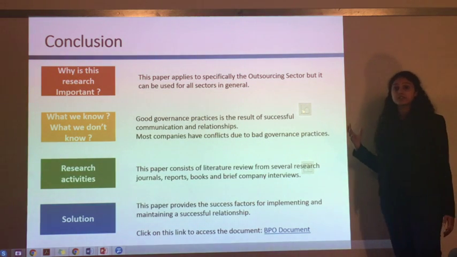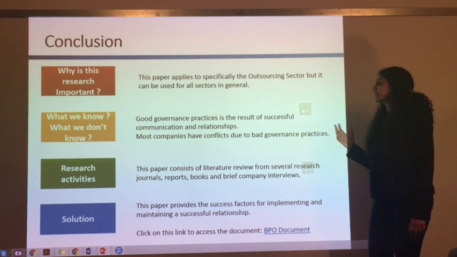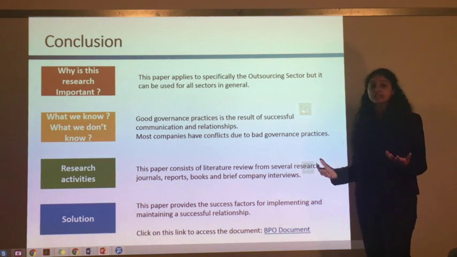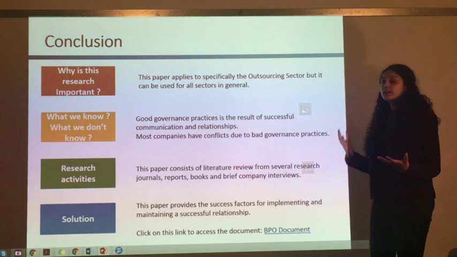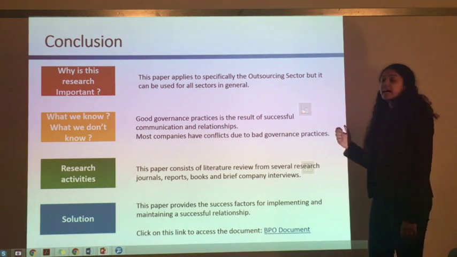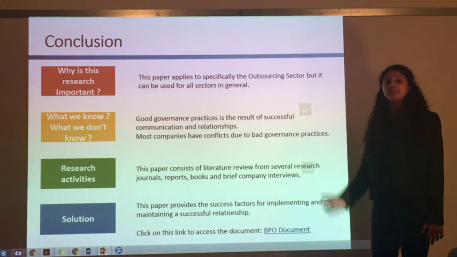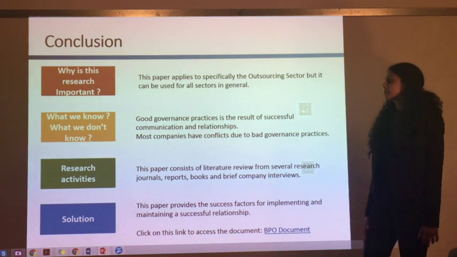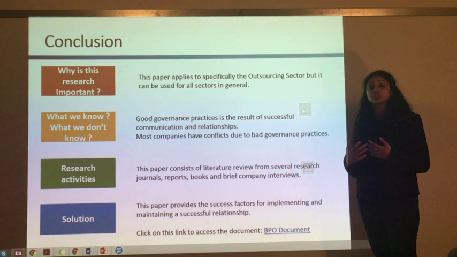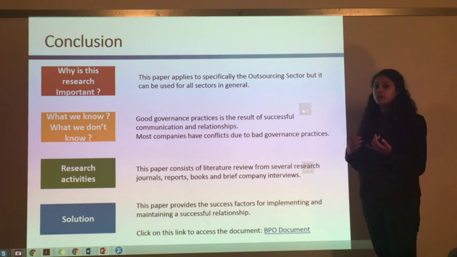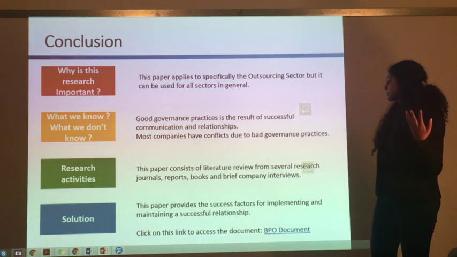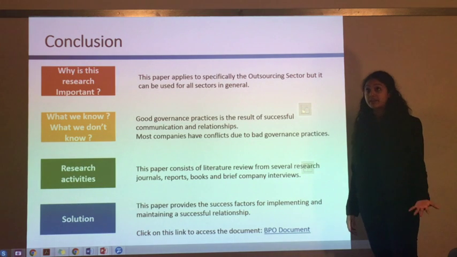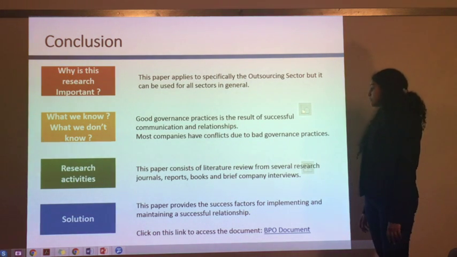Good governance is the result of successful communication and relationships, but most companies do not know this and end up suffering and have conflicts and are not able to resolve their conflicts because of bad governance practices. The next is the research activities that we have undertaken to go through this paper. We've gone through journals, articles, company reviews, reports, various books by famous authors.